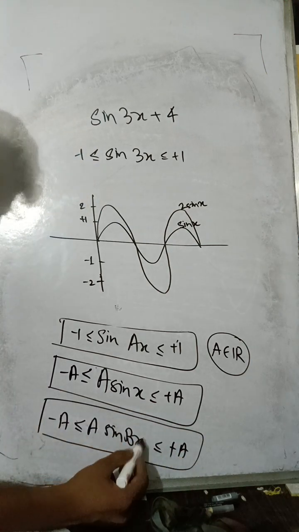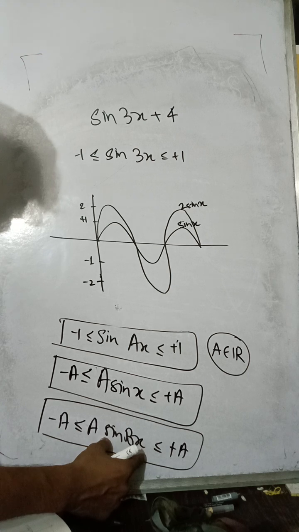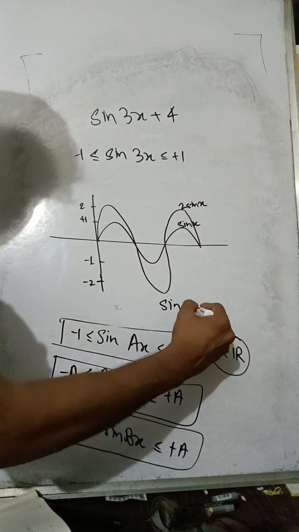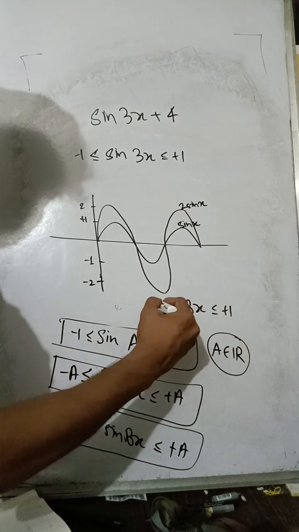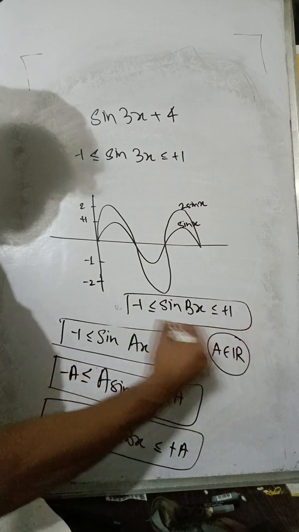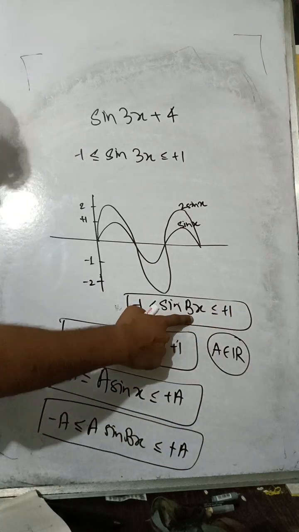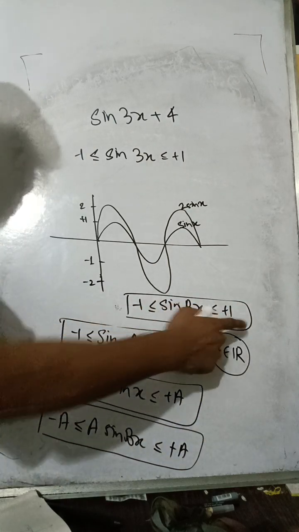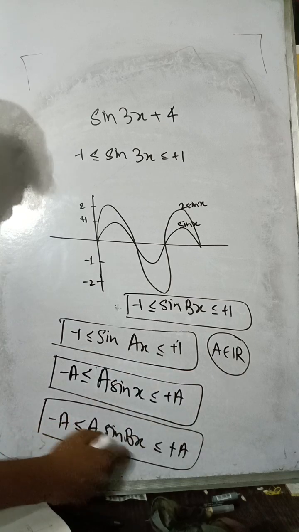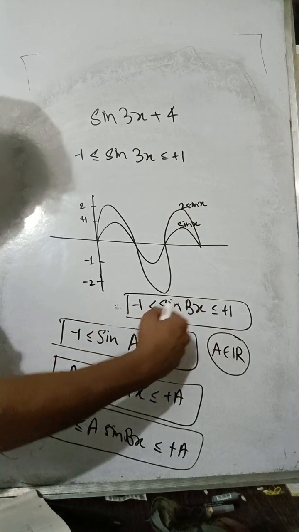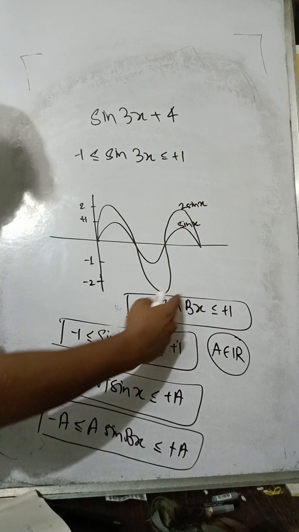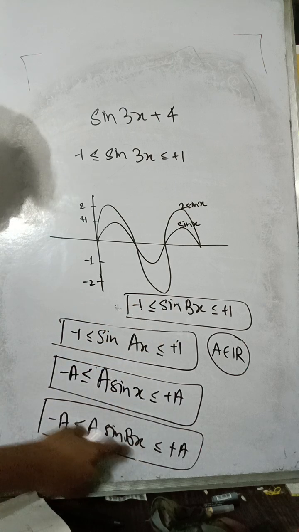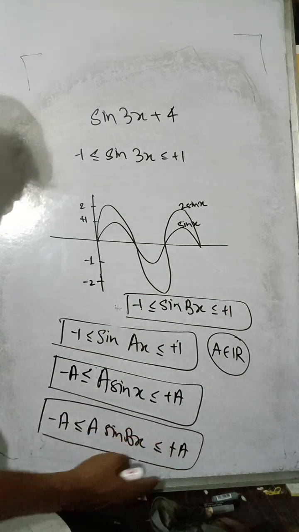For this bx, we have no change. Sine bx is between plus 1 and minus 1, right? Whatever the value of b you put, I don't mind, it will remain between minus 1 and plus 1. Now you multiply all three sides by a, then you find a sine bx is between minus a and plus a.